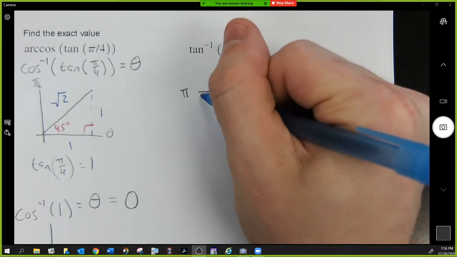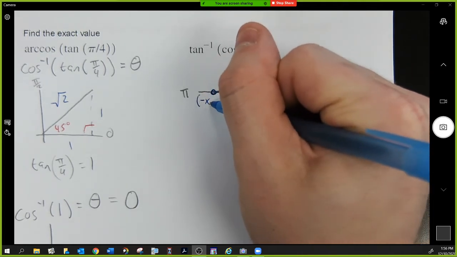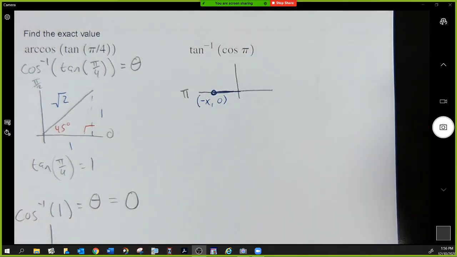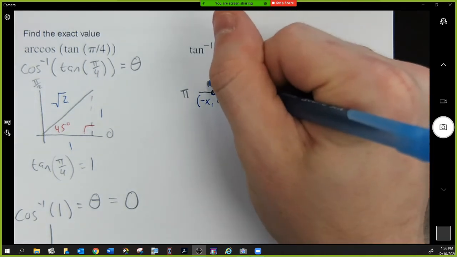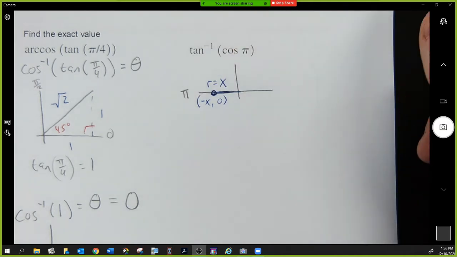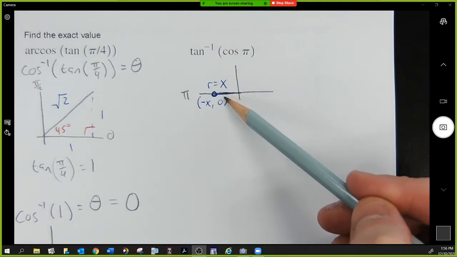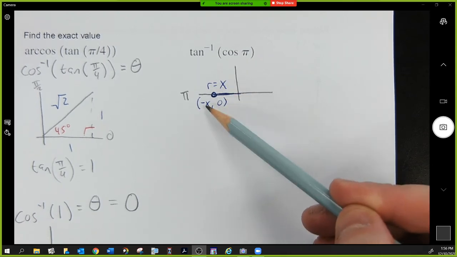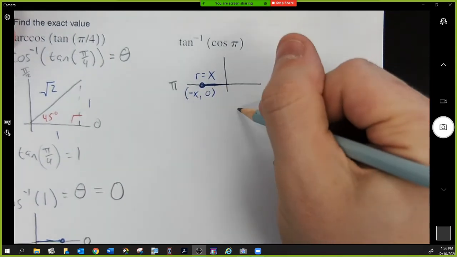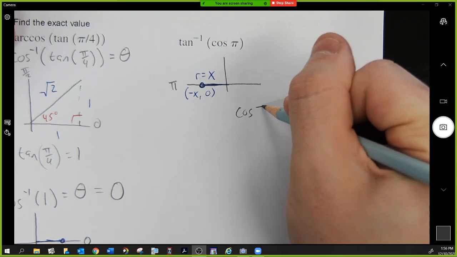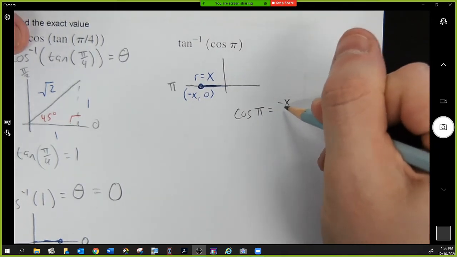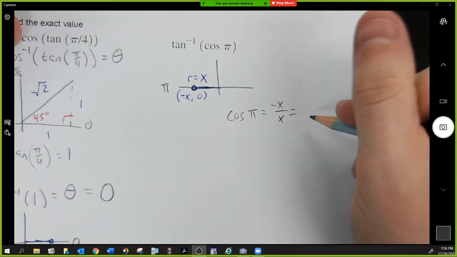So this coordinate, if it was going to be a coordinate, would be -x, 0, whatever x is. But the radius can never be negative, so this radius is simply the value of x. So the cosine of pi, x over r, is -x over x, which has a value of -1.